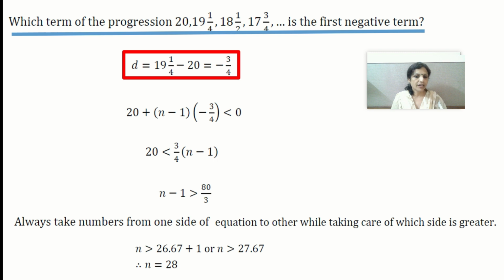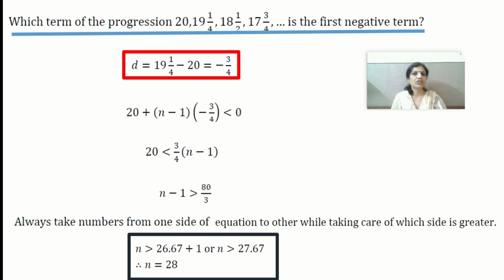So n should be greater than 80 upon 3 plus 1. 80 upon 3 is 26.67, plus 1. So if you add this 1 to 26.67, we will get n greater than 27.67. But the term cannot be in decimal point like this. So we will take the nearest next term, n is equal to 28. So the first negative term of the given progression is the 28th term.